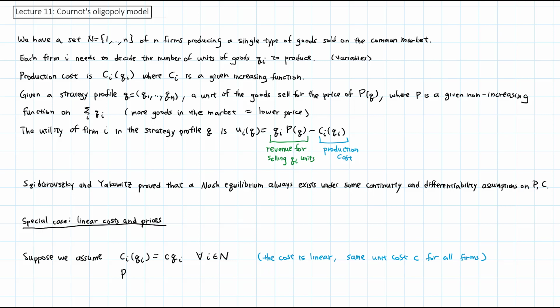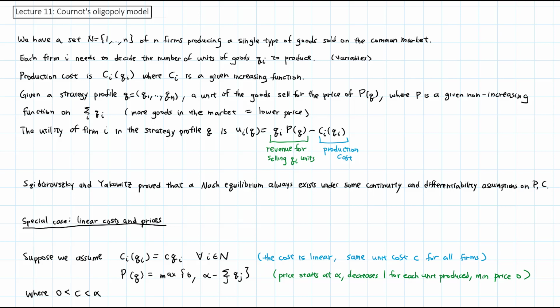We also assume that the price P of Q is the max of 0 or alpha minus the sum of the Qj's. This means that the price starts at alpha, decreases by 1 for each unit produced, and the minimum price is 0. We will also assume that 0 is less than C less than alpha. The production cost of 1 unit is less than the starting price.